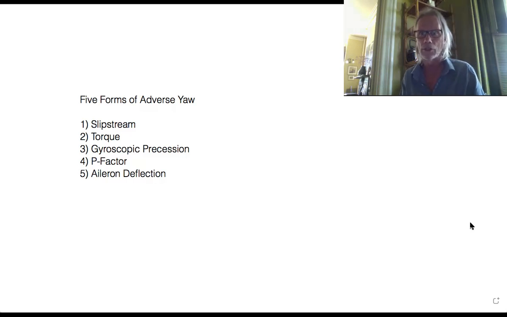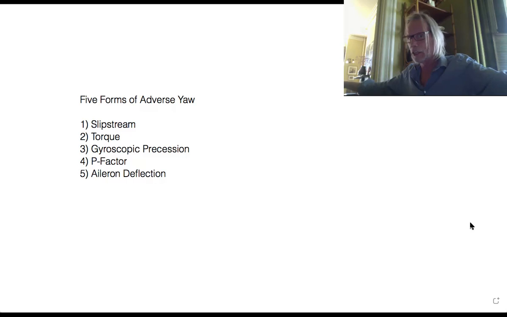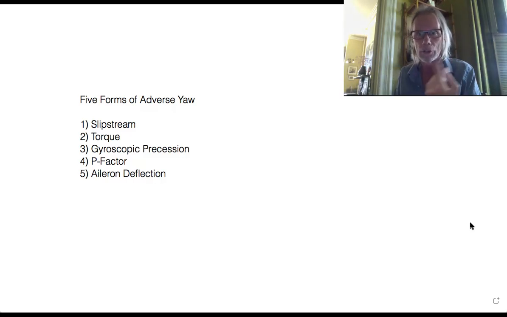The normal axis goes from bottom to top or top to bottom, and the aircraft yaws around the normal axis or the vertical axis, as it's sometimes called. So just to refresh your memory on the 3 axes, it'll help you understand adverse yaw.